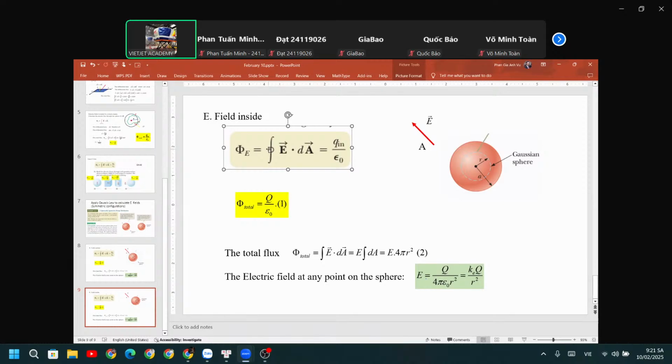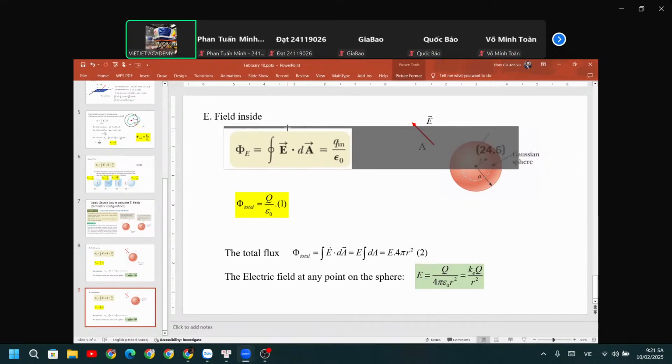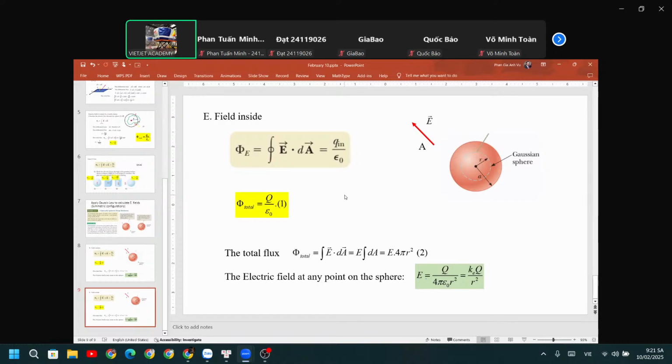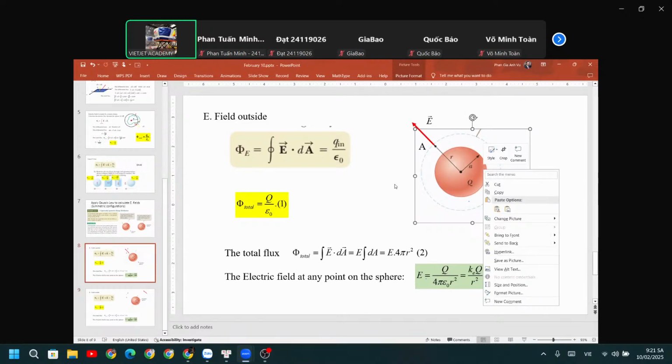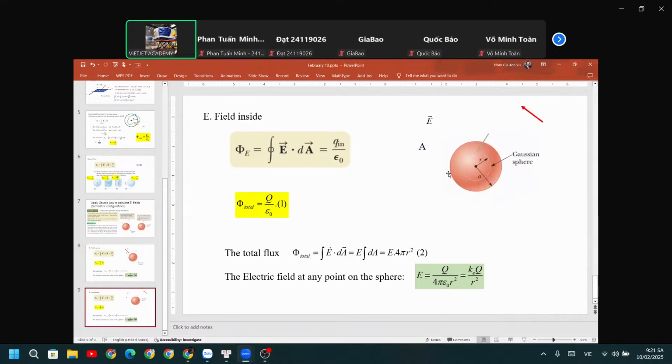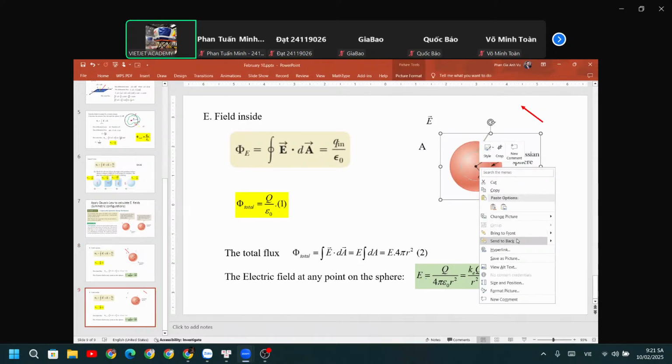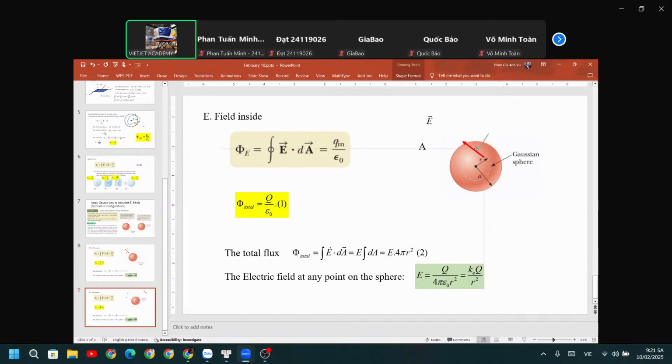So I do have the same Gauss law, right? Because Gauss law is unchanged. Gauss law states that we calculate the Q in, right? But let's say I want to calculate the electric field at this point. Now I want to calculate the electric field at a point inside the sphere.